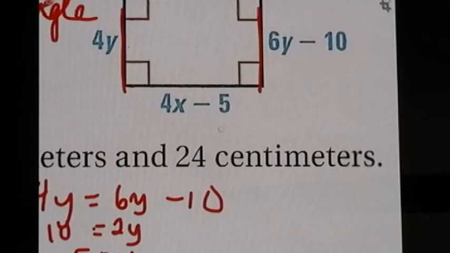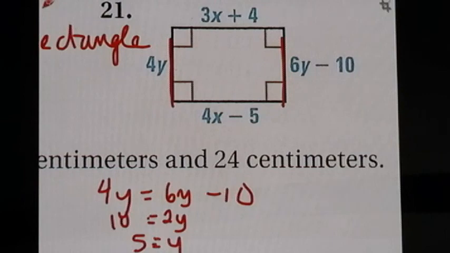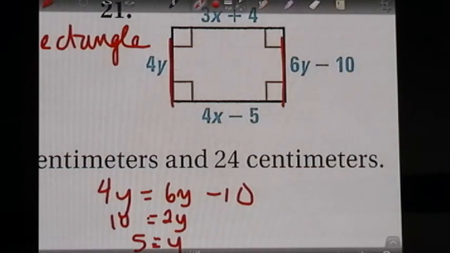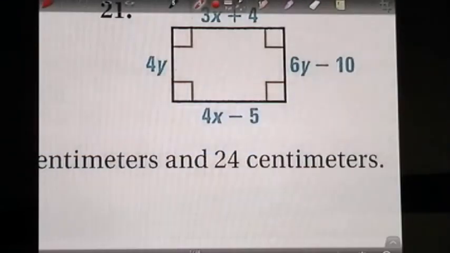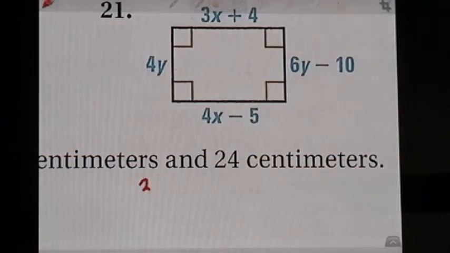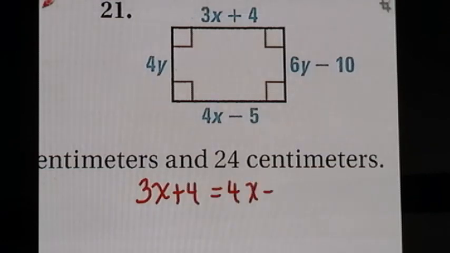All right, and then looking at the other two sides, we have 3x plus 4 has to equal 4x minus 5. 3x plus 4 equals 4x minus 5. Moving our 3x, we get x equals 9. And y, we said, was 5.